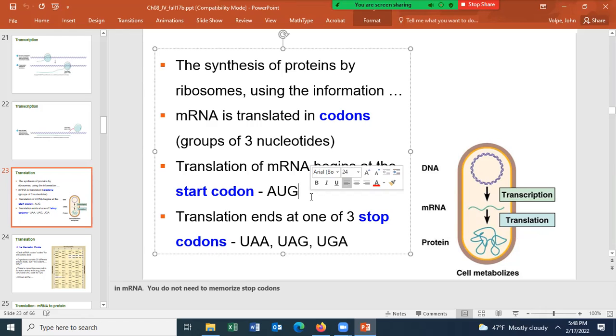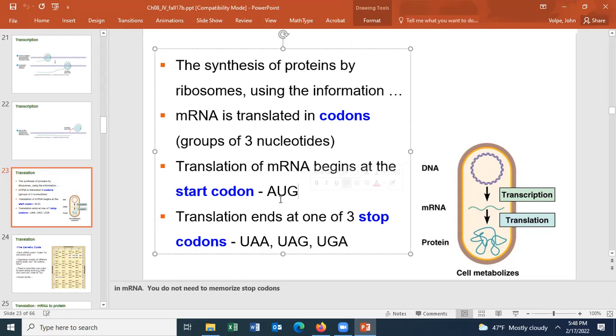AUG does more than tell the ribosome to start protein translation here. AUG also encodes for the amino acid methionine. So AUG has 2 functions. And so every protein that gets made starts with the amino acid methionine.